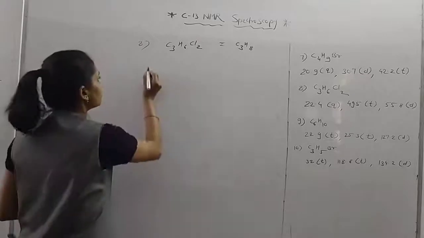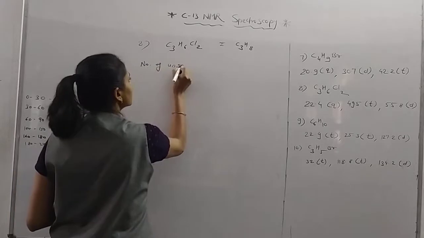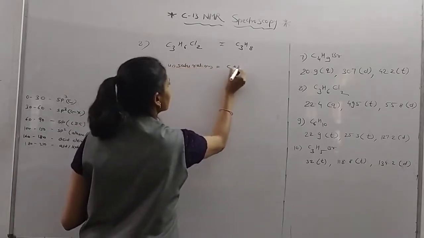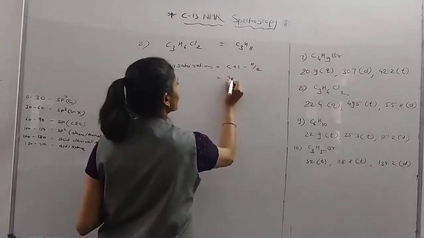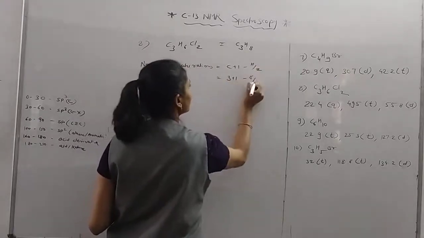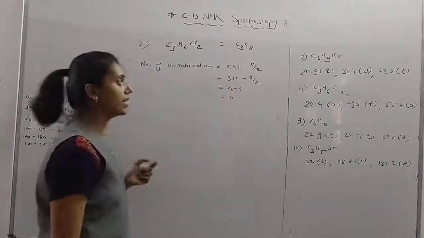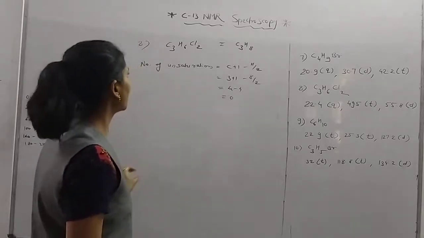Okay, number of unsaturation: C plus 1 minus H by 2, 3 plus 1 minus 8 by 2, it's 4 minus 4, that means again a 0. There is no unsaturation in the given compound here.